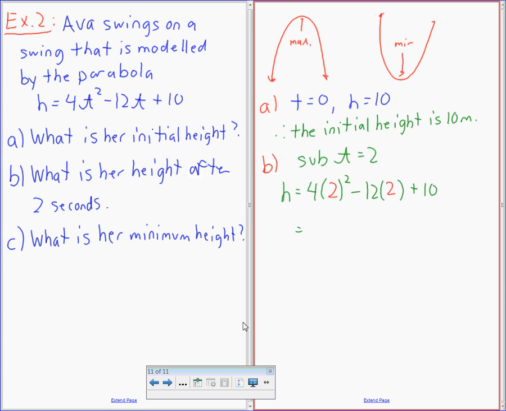Okay, so that should be 16 minus 24 plus 10, which h is equal to 2. That's right. Can you give me a single therefore statement here, please? Therefore, height after 2 seconds is 2.